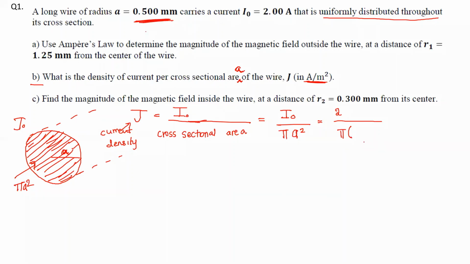A is 0.5 millimeters. We have to convert it into meters, then we take the square. So when you do this, you get 2.55 × 10^6 amperes per square meter. Here we are dividing amperes by meter squared, right? Current by area.